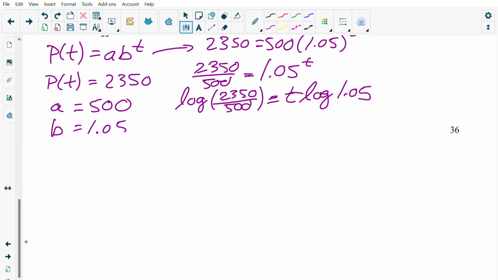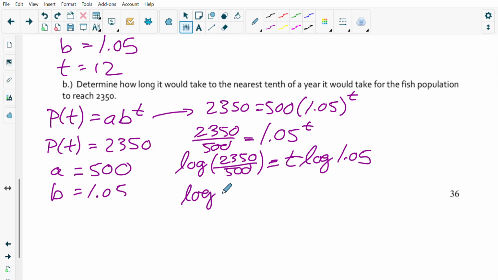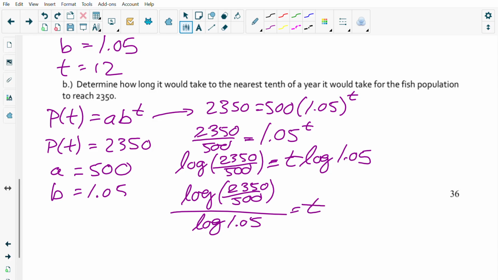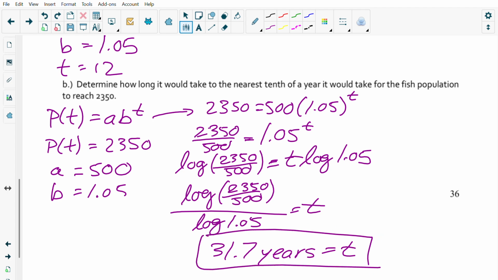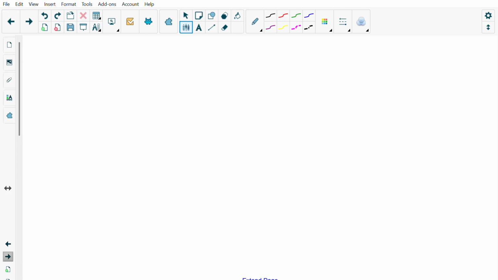I get, let's finish this up here, log of 2350 over 500, divided by log of 1.05, equals t. And then time equals 31.7 years for the fish population to reach that amount, 2,350. Okay. Next page, let's do some more examples here.